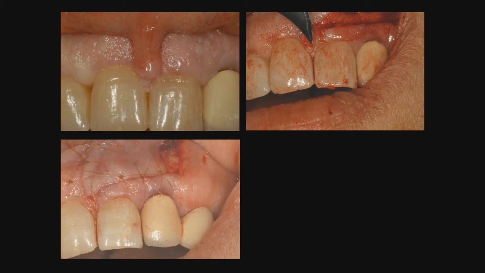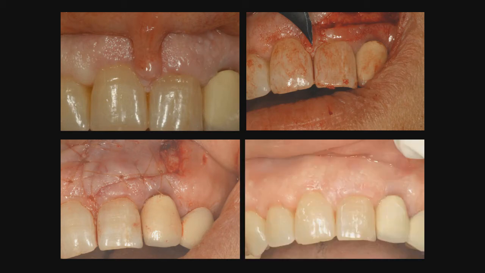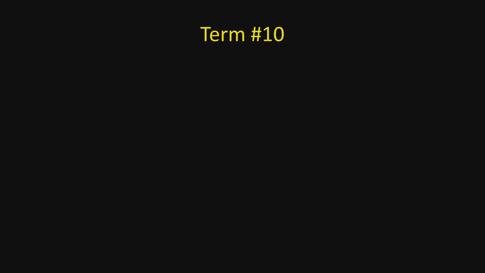And now we're doing a laterally positioned flap, and the frenum has been removed, but then we've done plasty on the papilla, and you will see here where we gained a nice aesthetic result by doing a very sophisticated procedure rather than a simple frenectomy in the maxillary arch. 2 thumbs up for Joe Califano for bringing this to my attention.